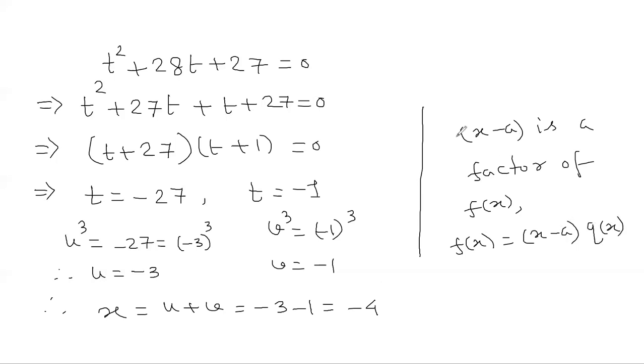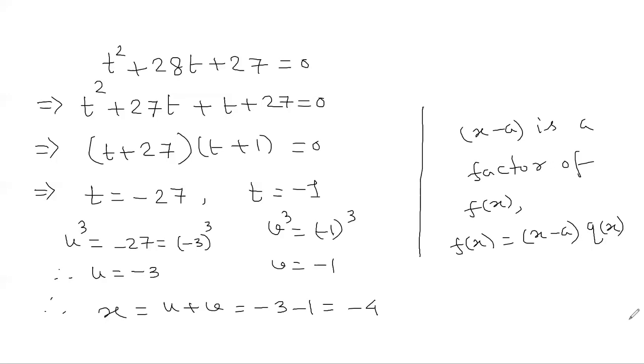That means if a is a root of an equation, then x minus a becomes a factor of the polynomial f(x). So if I divide f(x) by x minus a, we can very easily get q(x). If f(x) is a polynomial of degree 3, dividing by x minus a gives q(x), a polynomial of degree 2, right?